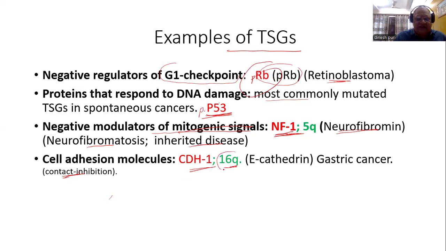I think it is the short arm of chromosome 16, and gastric cancer. So I think two more examples are given, and a few more are also there. You can see yourself.